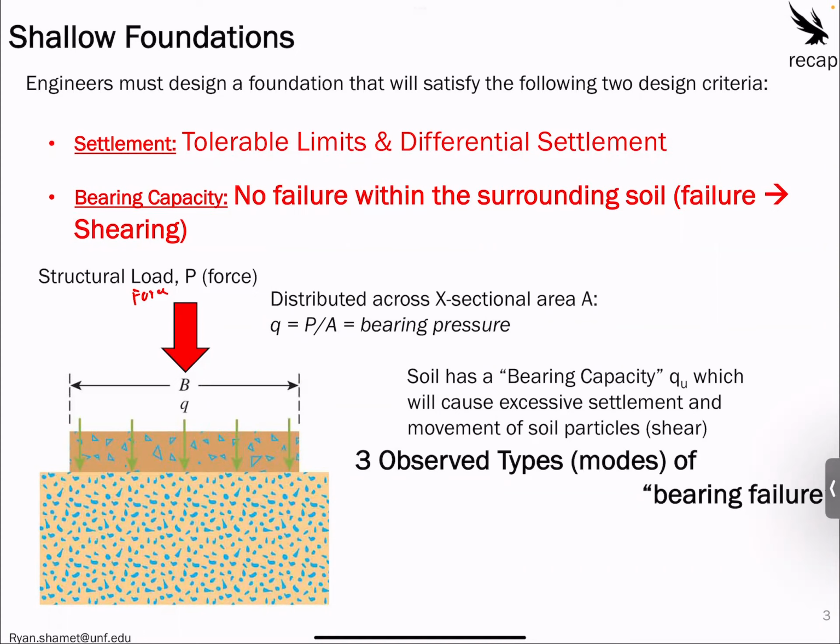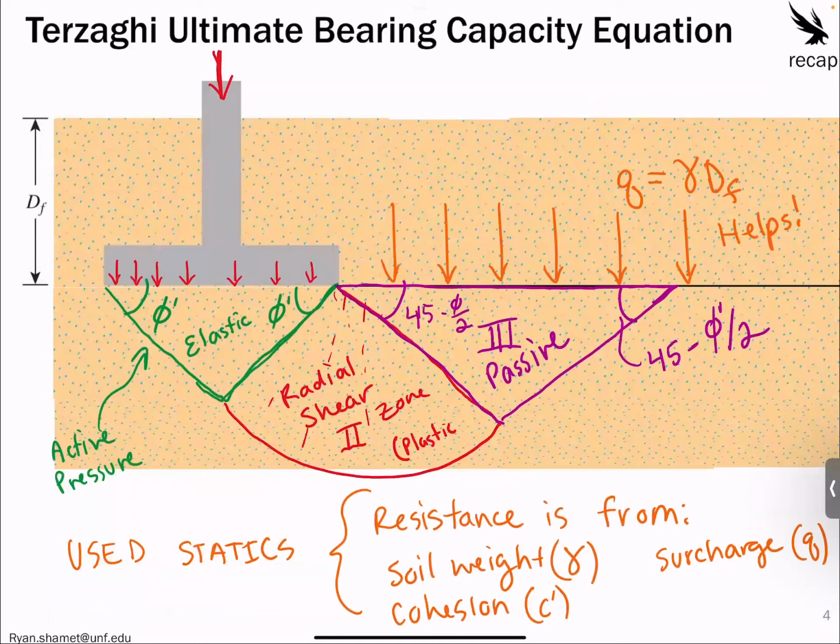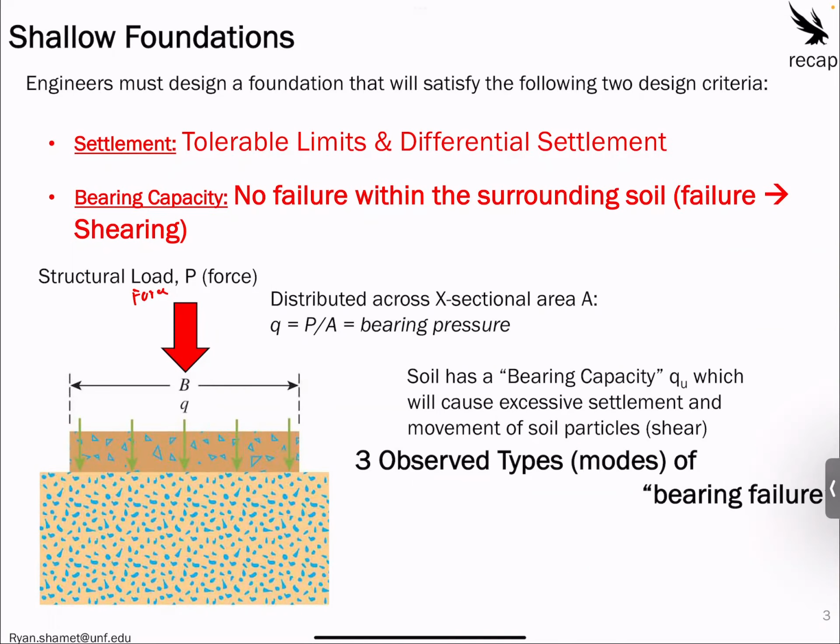There are 3 modes of bearing failure. The first one would be punching that we talked about. We don't really have a design standard for that. Localized is one type, and then generalized is the other type. So for generalized, these are the equations just as they are that we went over last week, and we'll recap them here in class.